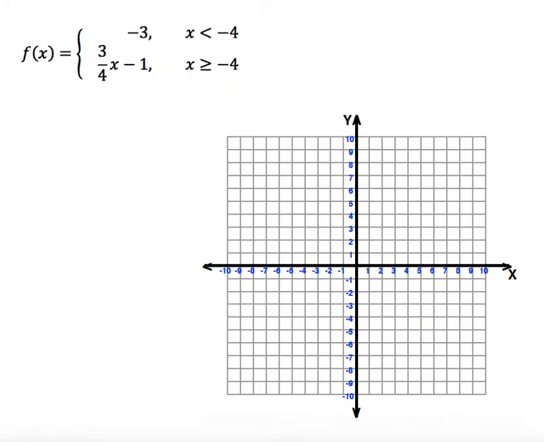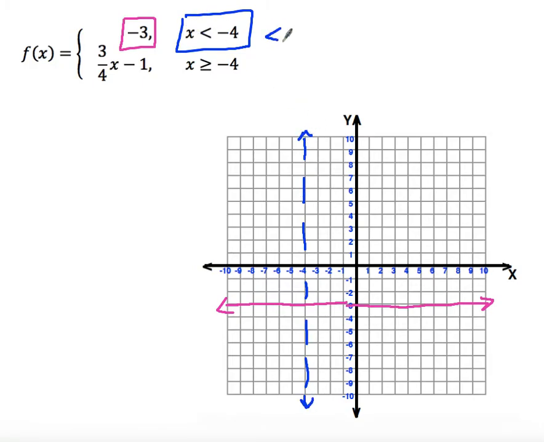Okay, we've got one left. So again, I'm going to graph my first function. It's just a -3. So remember, that would be a horizontal line at -3. Then we have to pay attention to that restriction. The restriction is that we have to stay less than -4, so my vertical line is going to be at -4 on the x-axis.